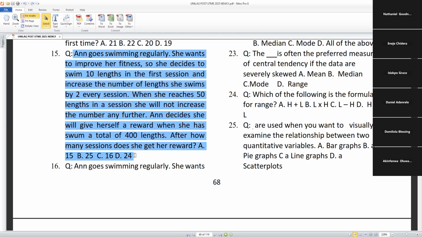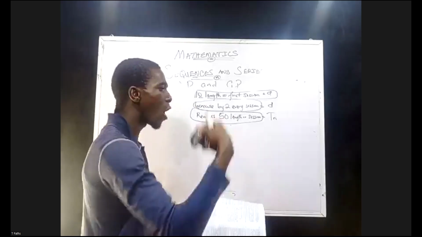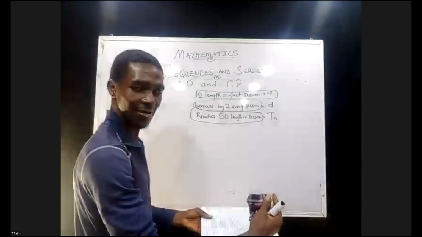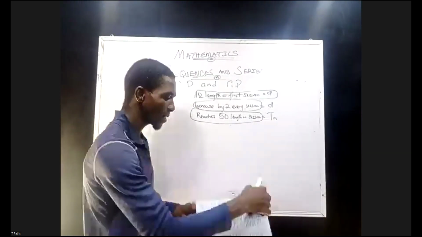First up, they said Anne decided she will give herself a reward when she has swum a total of 400 lengths. Look at the breakdown. Anne has promised to give herself a reward when she has swum a total of what? 400 lengths. Are we there?